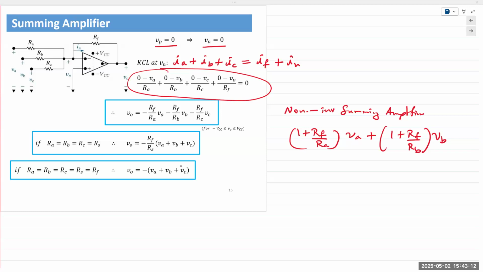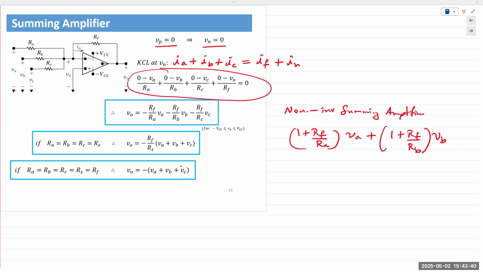If all input resistors are the same, then the gain factor for every single input is the same. That's the only difference, because the feedback resistor is the same for all inputs. Doesn't matter however many inputs you have, the feedback resistor is exactly the same.